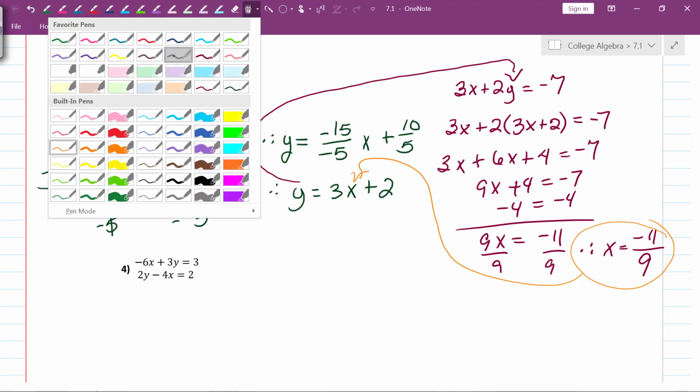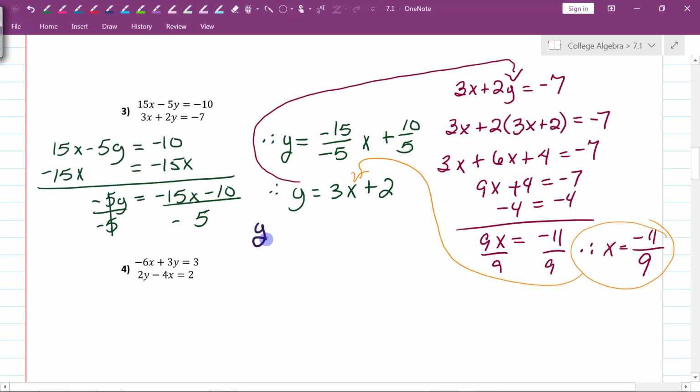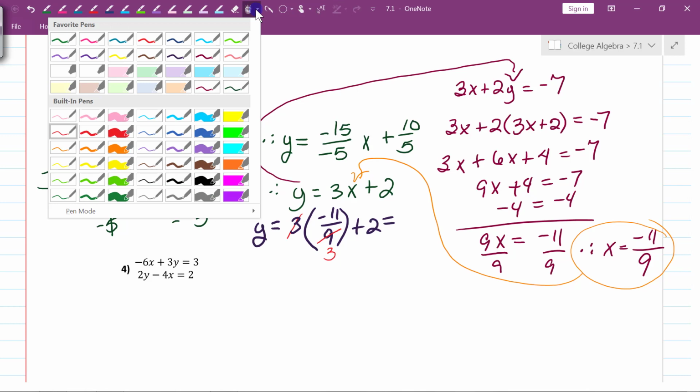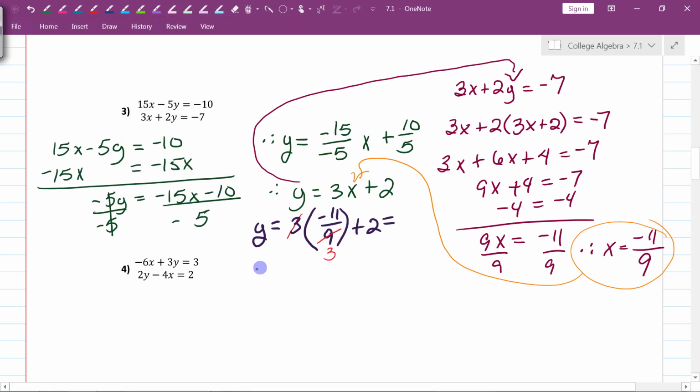So now I have y is equal to 3 times negative 11 divided by 9 plus 2, and I'm solving for y. I can simplify right here. 3 will go into 3 one time, 3 will go into 9 3 times. So now I have y is equal to negative 11 divided by 3 plus 2.